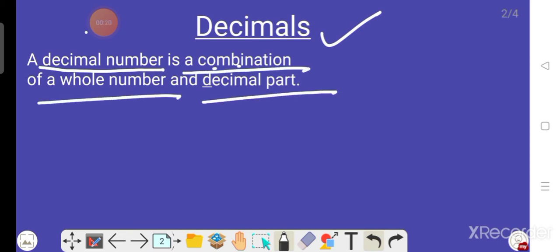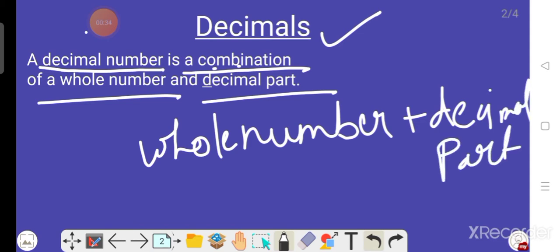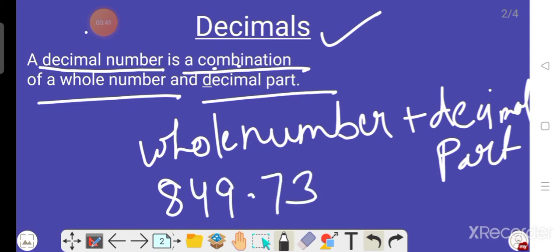Okay, there are two things in a decimal number, and that is whole number plus decimal part. For example, if we write 849.73, this is a decimal number beta.